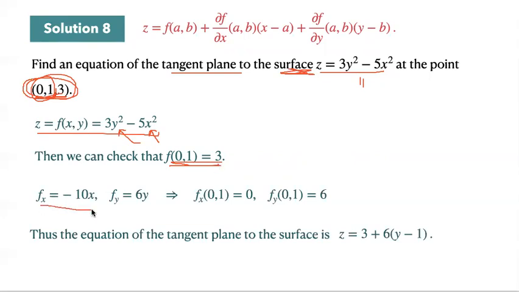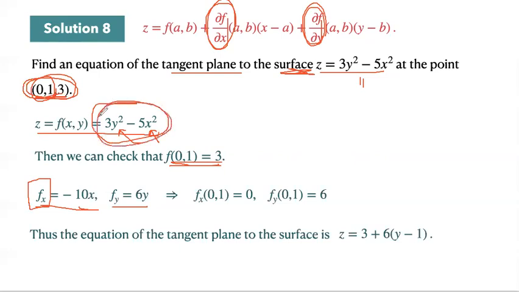I first find the partial derivatives, because we want to find df dx and df dy to find the tangent plane. So df dx is the partial derivative with respect to x. Since our f is given like this, if we differentiate this function with respect to x, we get minus 10x, right?